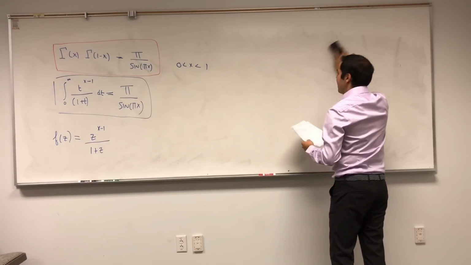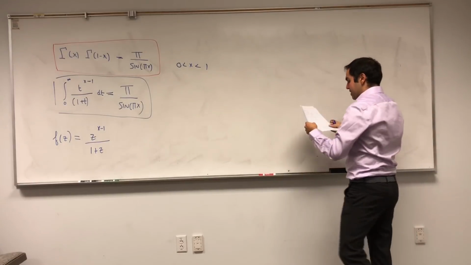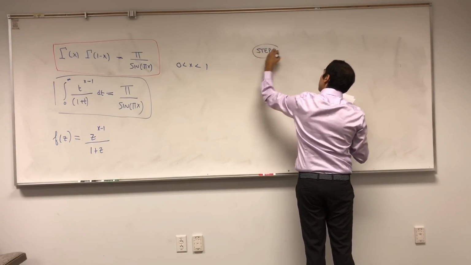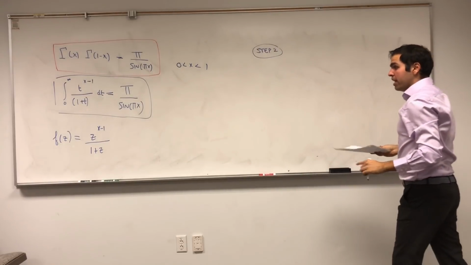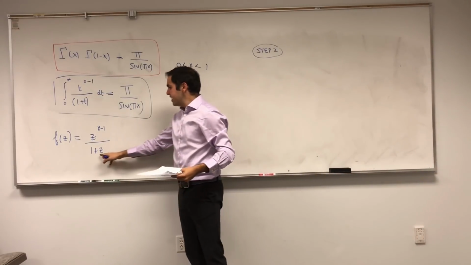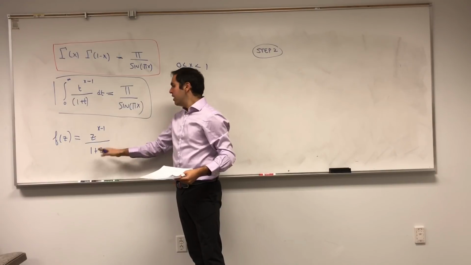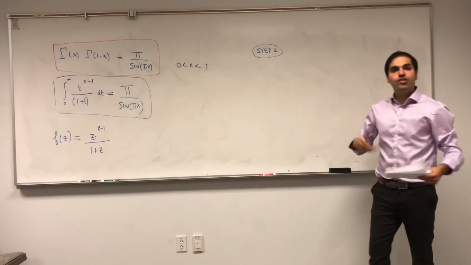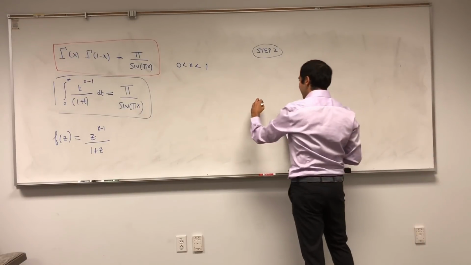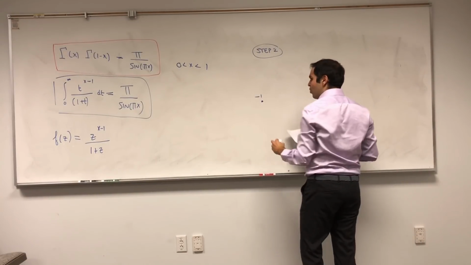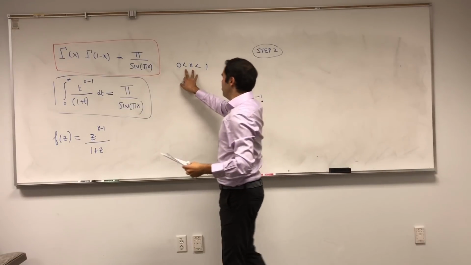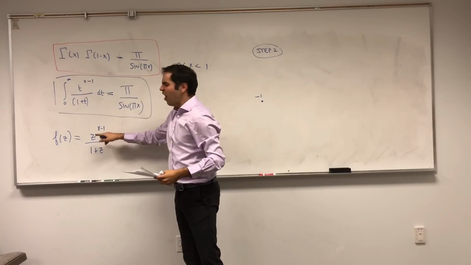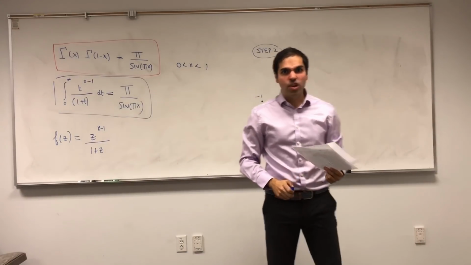Let me explain how to get it. So here's maybe step 2. Notice this function has a singularity at -1, and in fact it's a very mild singularity. It's one of those residues that will help us. So here we have -1, but also remember that x is between 0 and 1, so we also have a singularity at 0.